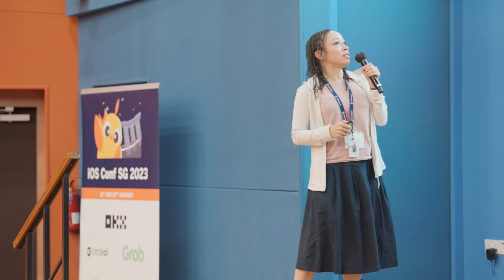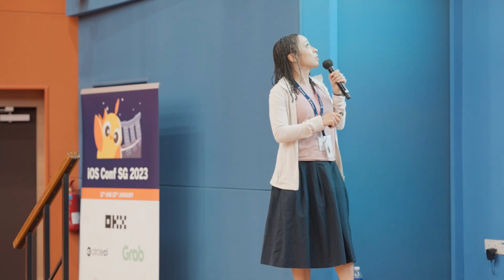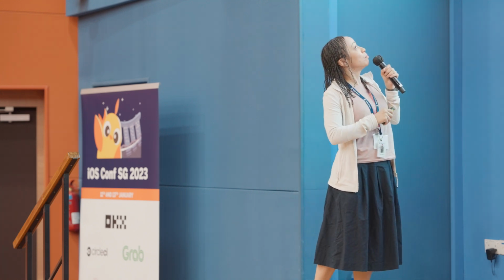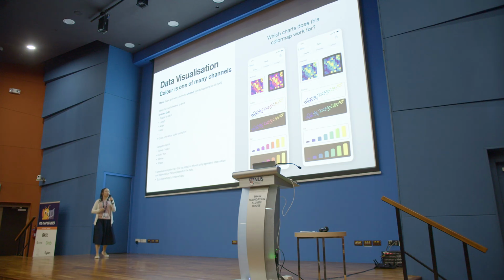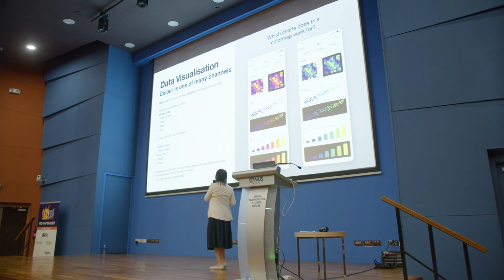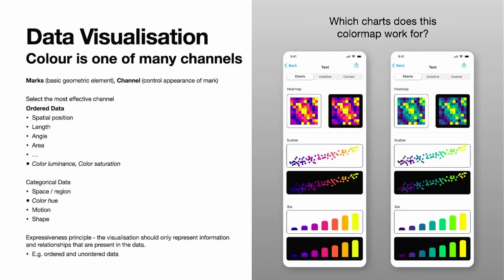And this is really interesting because you'll start to see some differences in how color plays a role in both types of data. So for instance, when you're creating a visualization with data that's going to be ordered, there are a certain number of visual channels that would be the most effective for ordered data.